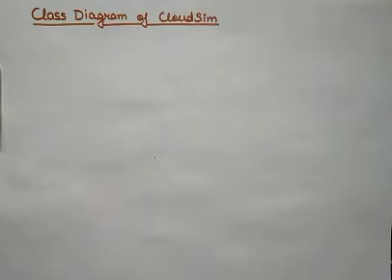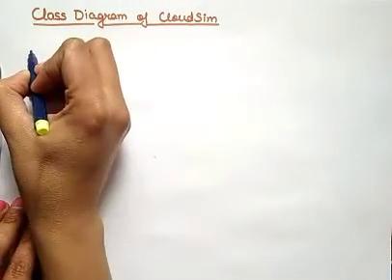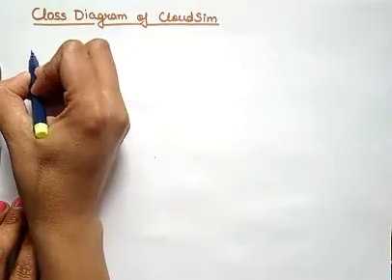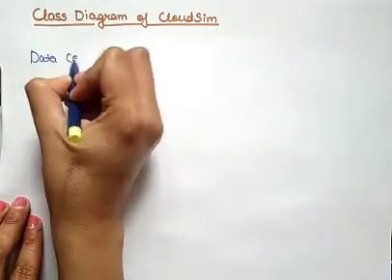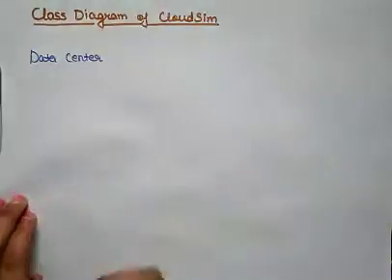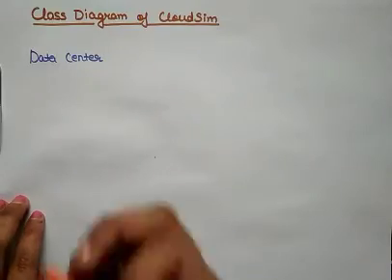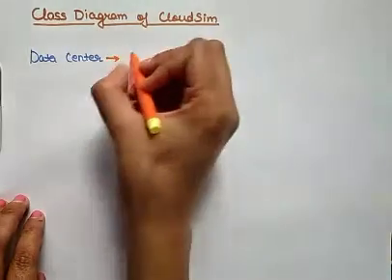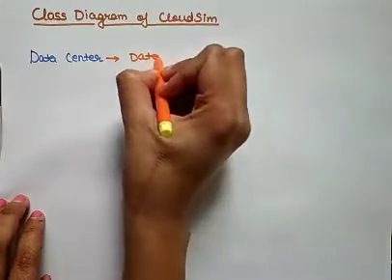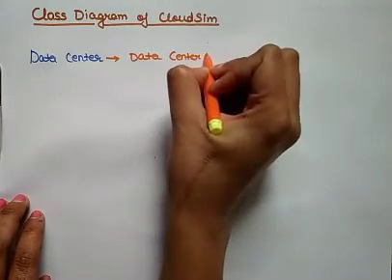As we all know, the class diagram has many different classes that work together to form CloudSim, right? So the first class we have is data center. Under this class we have one thing that works here, known as data center broker.